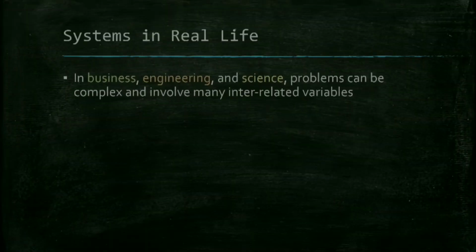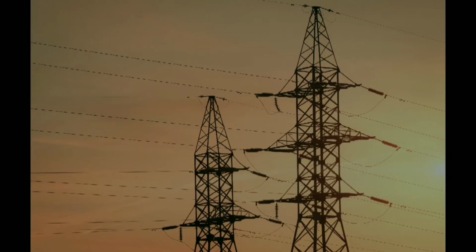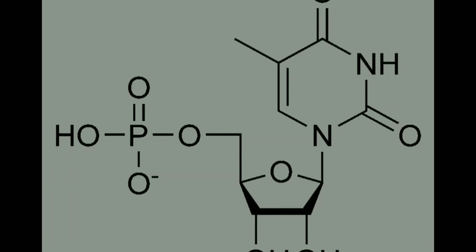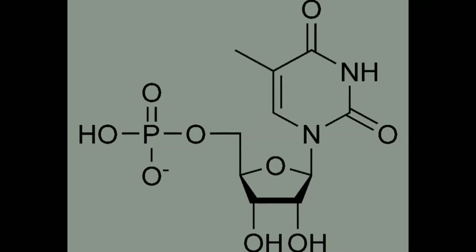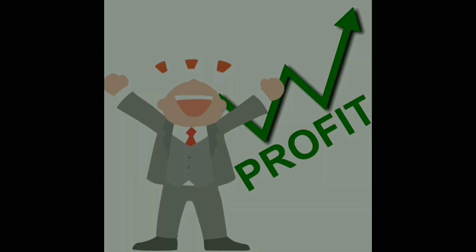So, systems of equations in the real world play into optimization models. These are used extensively in all areas of decision making, such as engineering, financial design, air traffic control, currents in electrical networks, balancing chemical reactions, maximizing profit. Imagine that you are running a business and you want to maximize your profit.